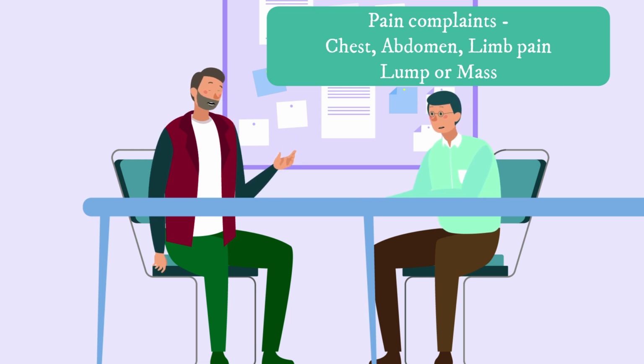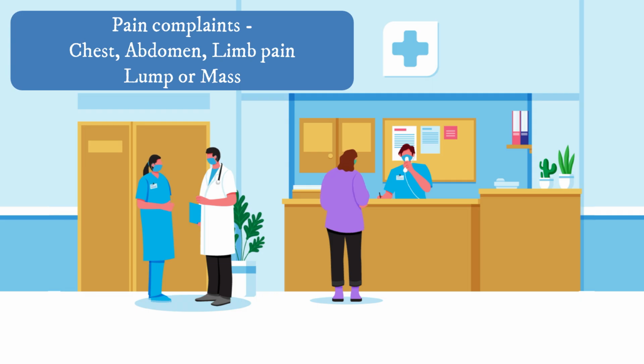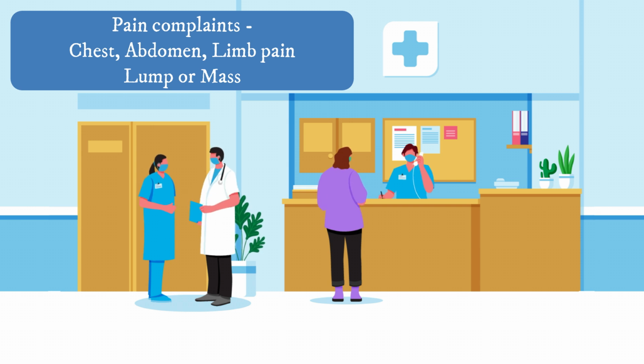Let me explain it in detail. So if, for example, a person has come to you with an abdominal pain, the pain can be because of a simple skin, dermatomal pain, like in herpes zoster, or it could be a lipoma, or it could be a cyst, or it could be some infection in the skin.